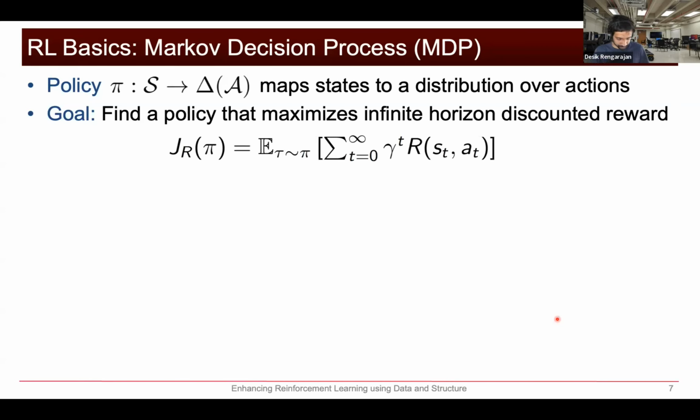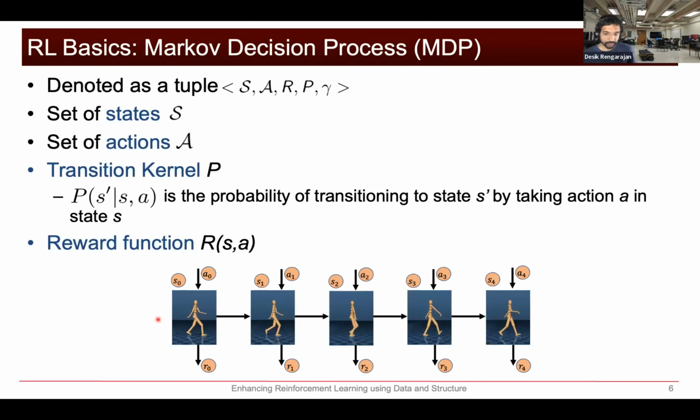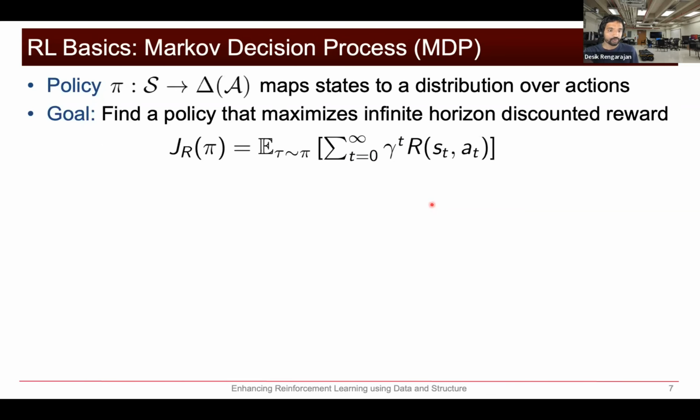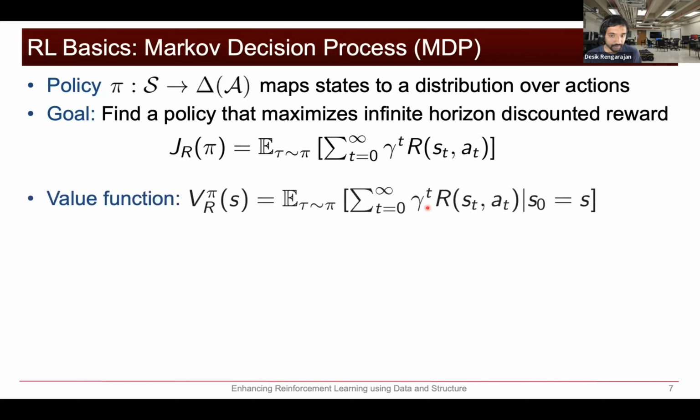Suppose, let's say, you start at state S0. What is the sequence of actions that you must take such that you maximize your cumulative sum of reward? Right? Or discounted cumulative sum of reward, where gamma is called the discount factor. The discount factor tells you that you care about rewards that come at a later stage less when compared to rewards you get currently.